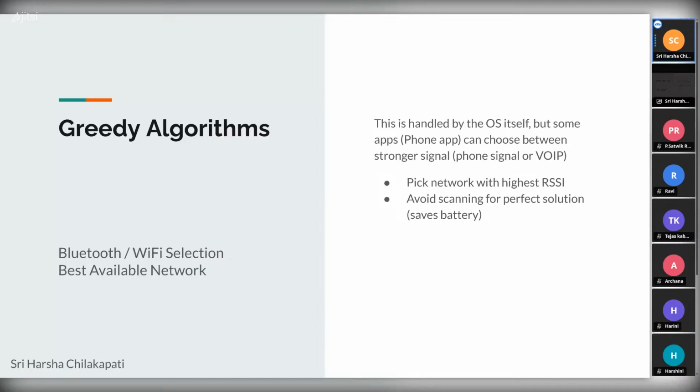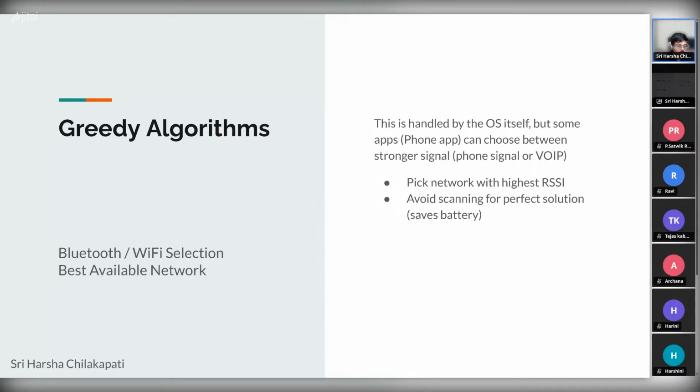And how a phone app does it is, let's say you have a 4G enabled SIM, whether it is Jio or Airtel or something. There is something called VoIP, which is voice over IP. Basically, your phone call, instead of a regular phone call, happens through internet packets, IP packets.